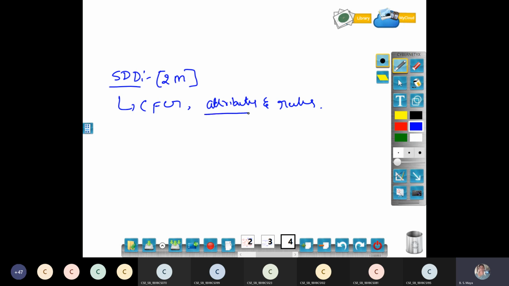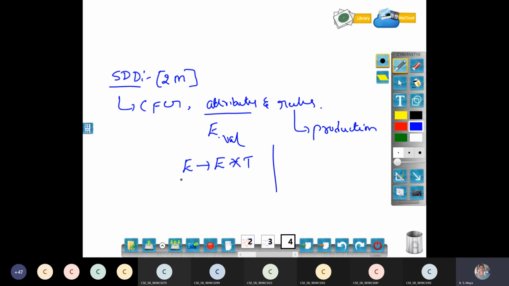So you already know what attributes are. Every grammar symbol has its own attributes. Attributes are associated with the grammar symbol and rules are associated with the productions. For example, E derives E star T. This is my production.